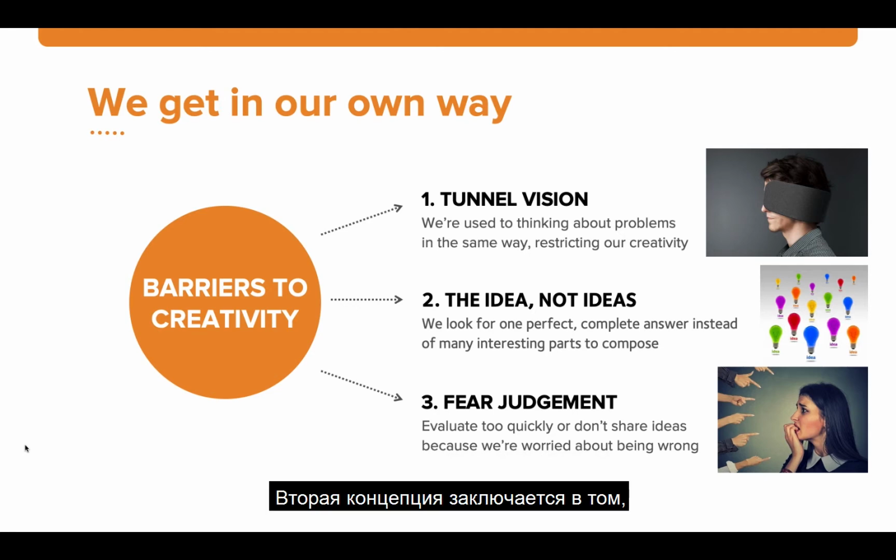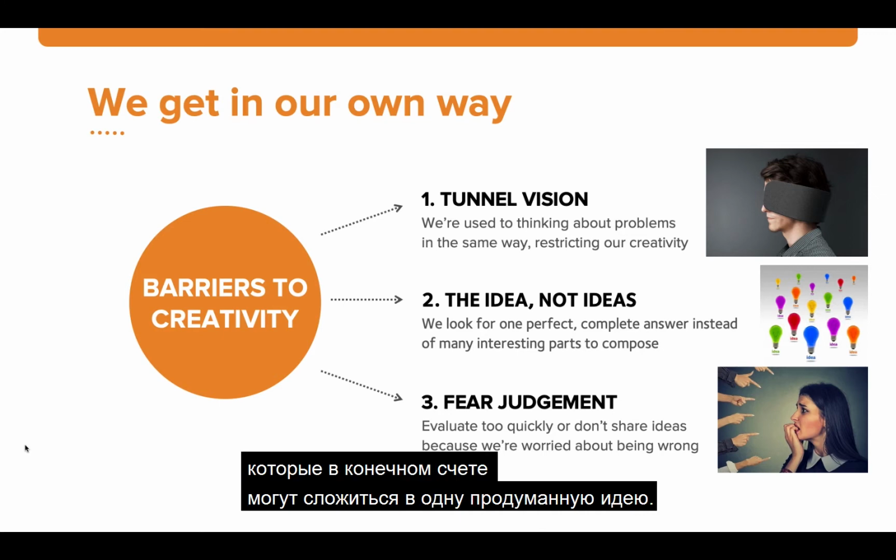Also, the second concept that I would like to approach is that you should try to come up with ideas, not the perfect idea. We tend to look for that one perfect, immaculate, complete answer for all the issues that we are trying to solve. But instead, we should look at the different ideas, different components that could eventually get shaped into a robust solution.